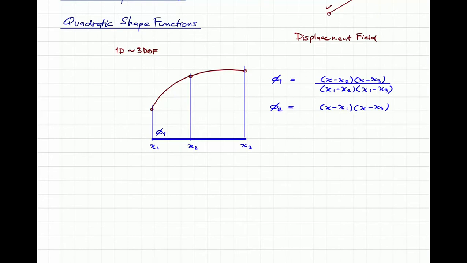You need the value to be 1 at the point x2, then you divide it by x2 minus x1 and x2 minus x3. And likewise for phi 3.